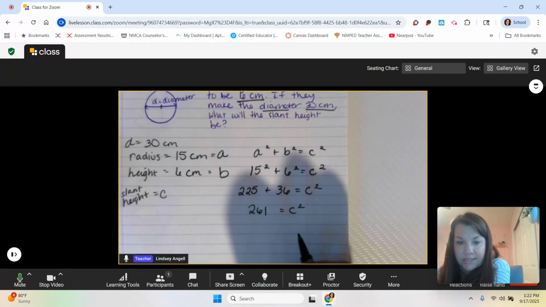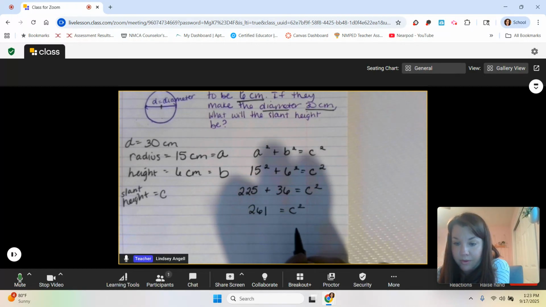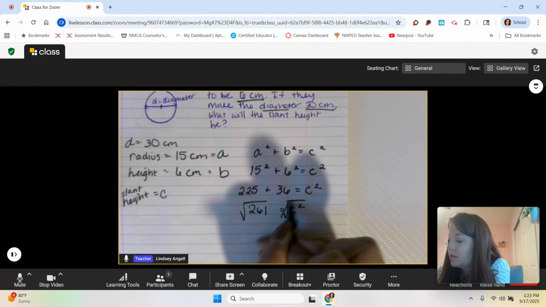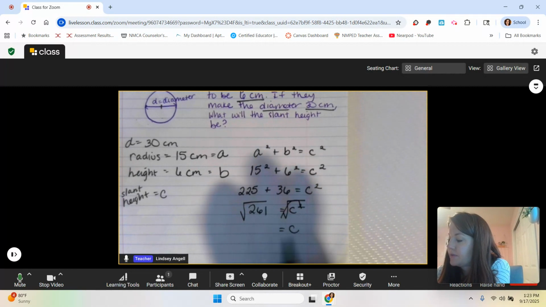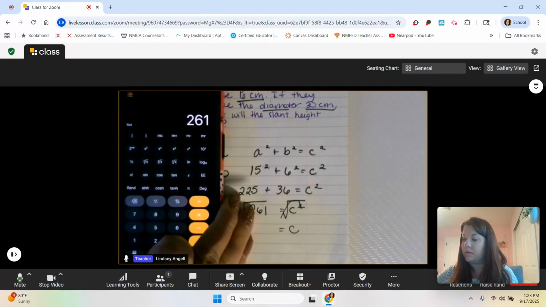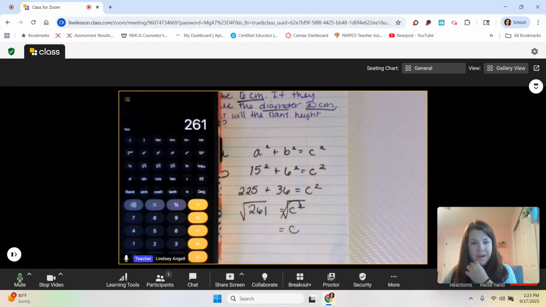In order to get c by itself, I have to square root both sides, just like we've been doing. They'll cancel on the right, and I'm just left with c. And then on my calculator, sorry, had to clear it, got 261, and we're looking for the square root of that.